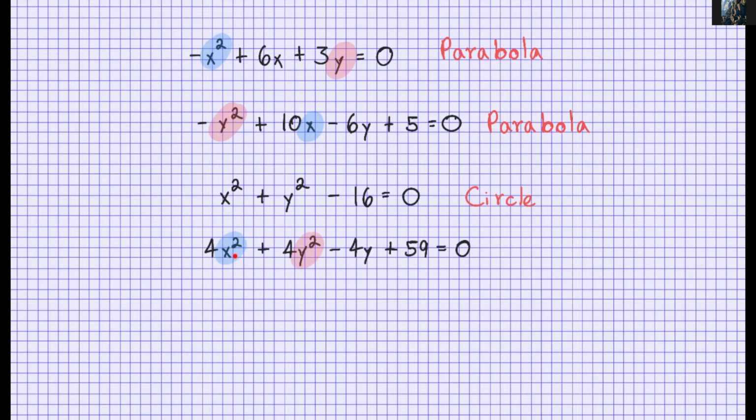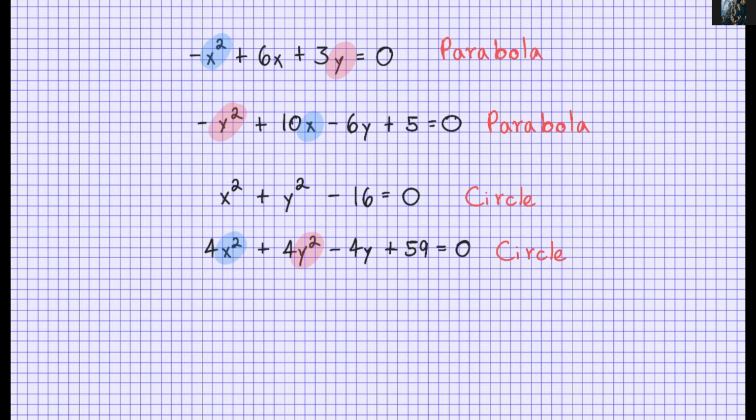If you see, both of them are squared, and both of them have exactly the same coefficient. Both of them have a 4. So, again, automatically, I know that this is a circle.